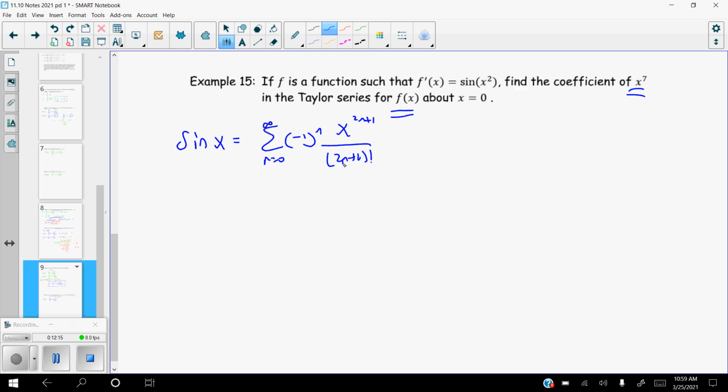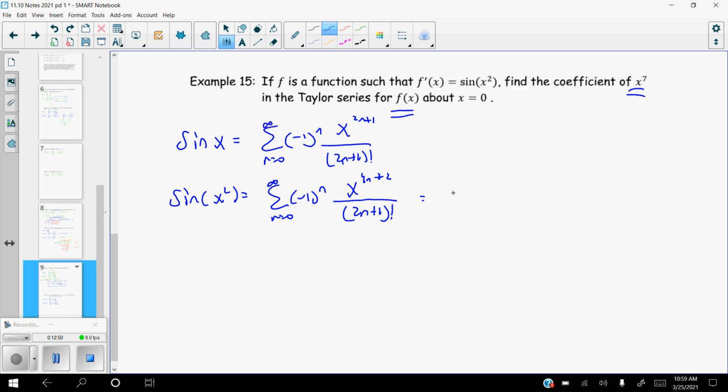But I don't want sine of x, I want sine of x squared. So let's build that in there. So I'm going to replace the x with x squared. So if I replace x with x squared, it's going to be x squared to the 2n plus 1. So we'll multiply the exponents together. We're going to get x to the 4n plus 2 over 2n plus 1 factorial.